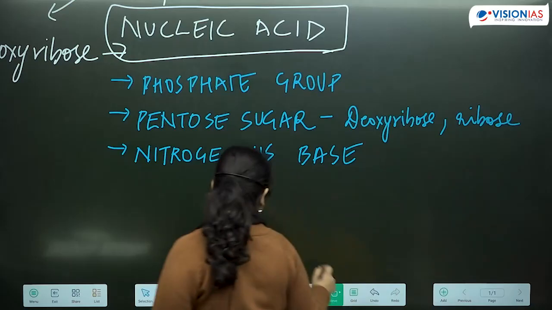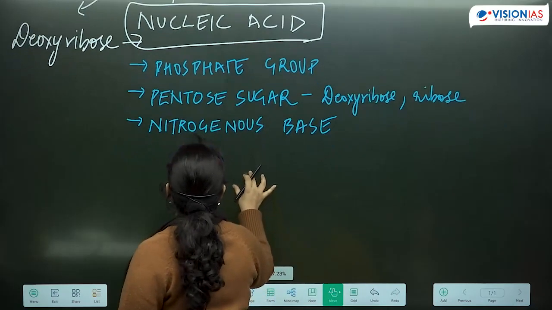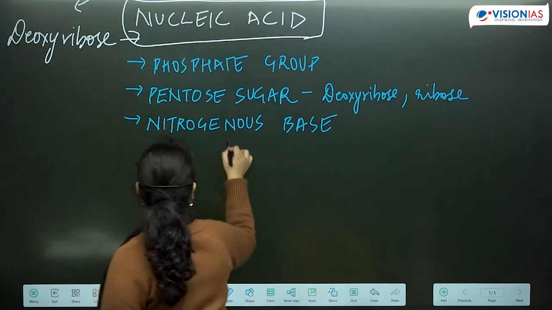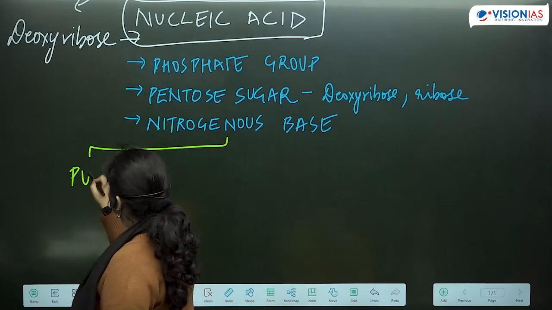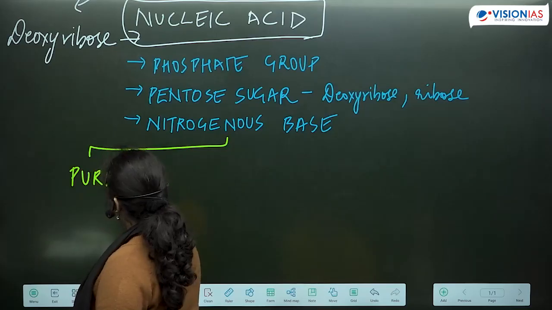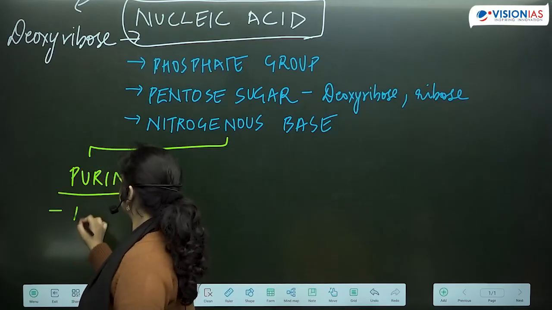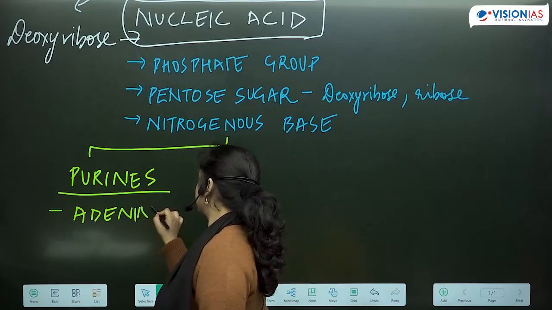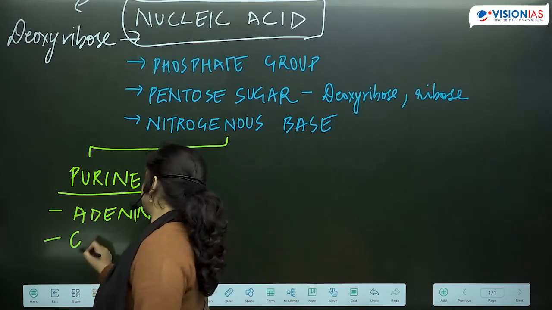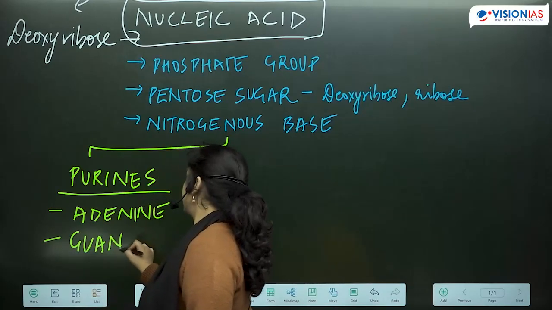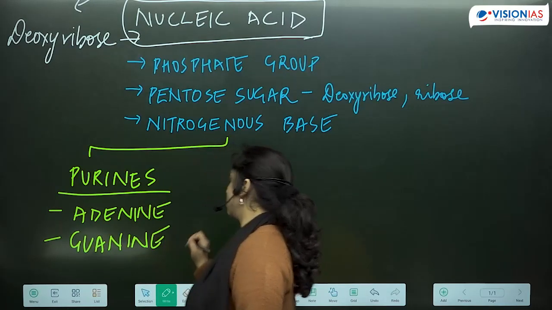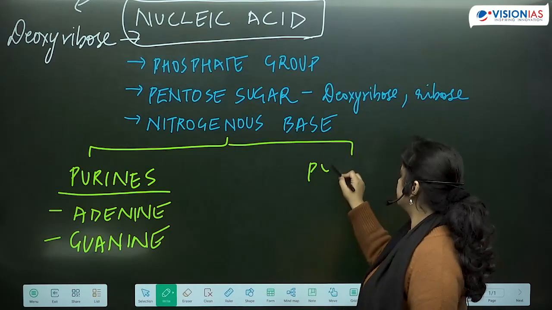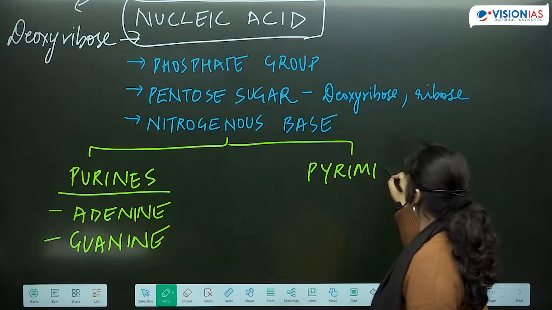Nitrogenous bases further are of two types. You have purines, and there are two purines in nature, adenine and guanine, and pyrimidines.